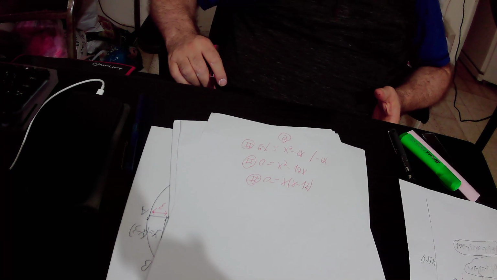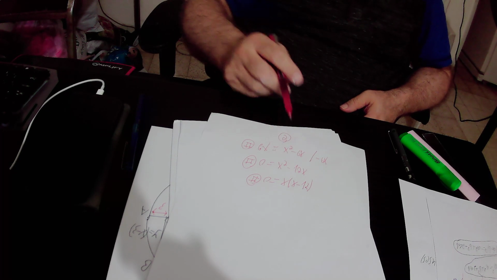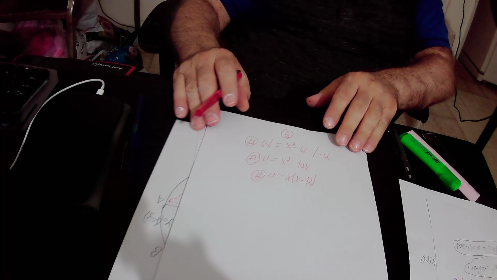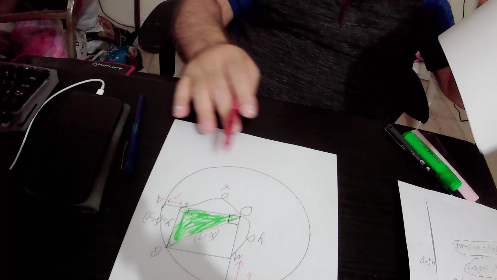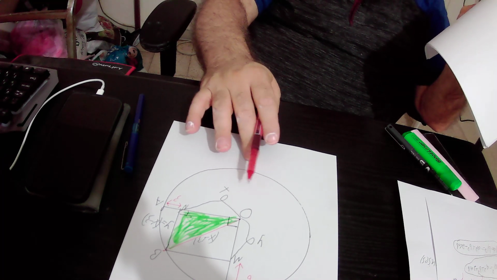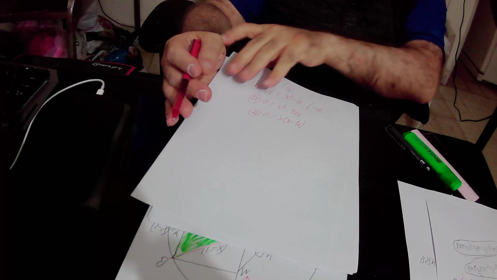Actually, we have two solutions to the second equation. The first solution, x equals 0, is impossible because x is the side of the rectangle. It can never be 0. The side of a rectangle must be a positive number, so this solution is impossible.